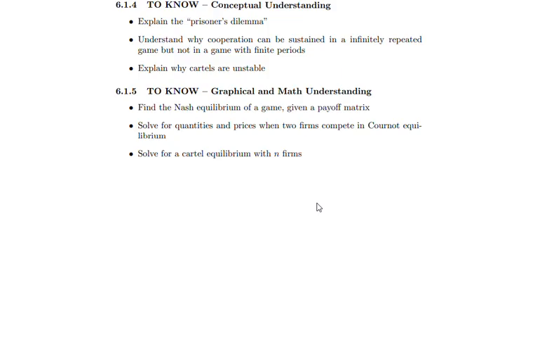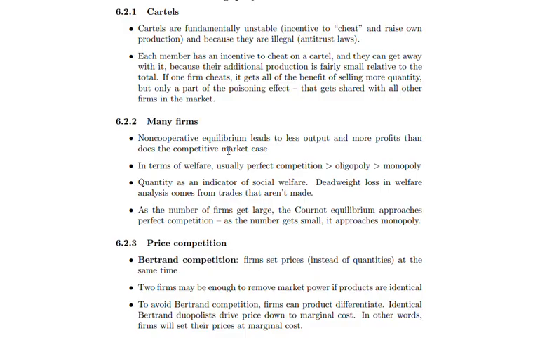Graphically, and the math you should know in oligopoly: find the Nash equilibrium given a payoff matrix; solve for quantities and prices when two firms compete in Cournot equilibrium; and solve the cartel equilibrium with n firms.